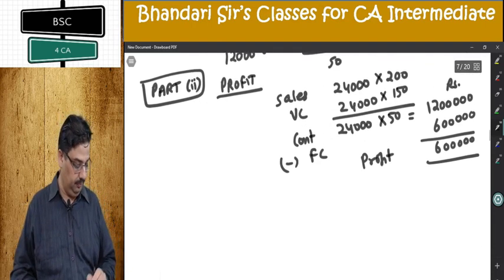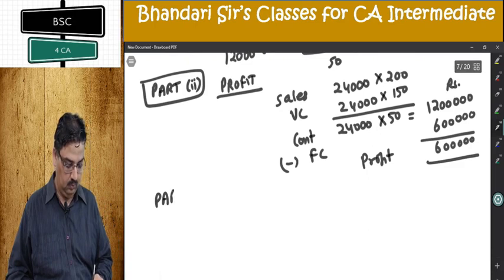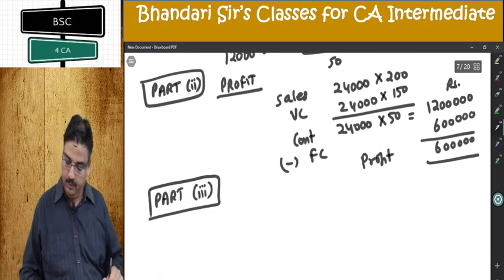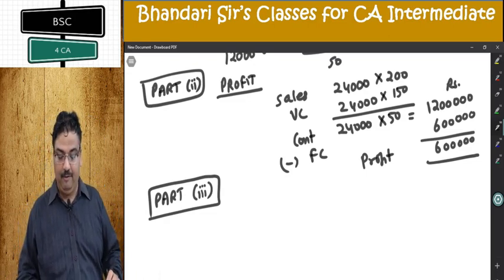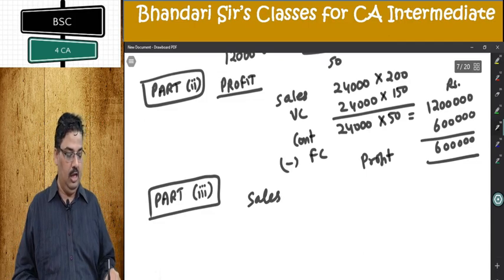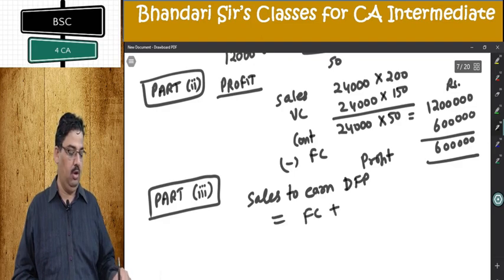Part 3. Units to be sold to earn target net profit 11 lakh for the year. Sales to earn DFP in units is fixed cost plus DFP whole divided by contribution per unit.